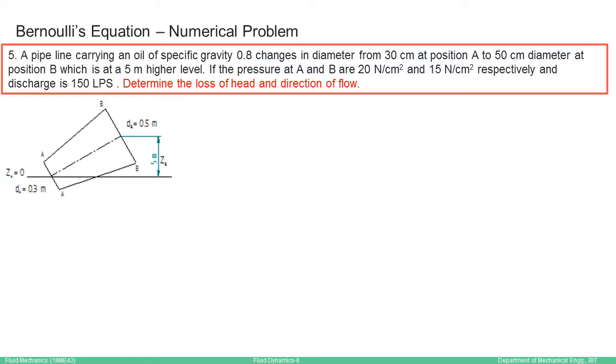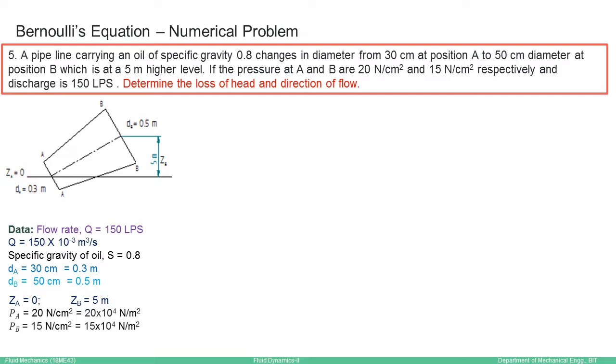And DA and DB are given 0.3 and 0.5 meters respectively, and as soon as you get it in centimeters, you have to express that in meters. And Q is 150 liters per second, so that is equal to 0.15 meter cube per second.